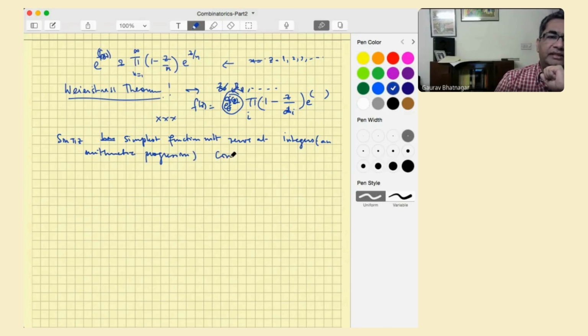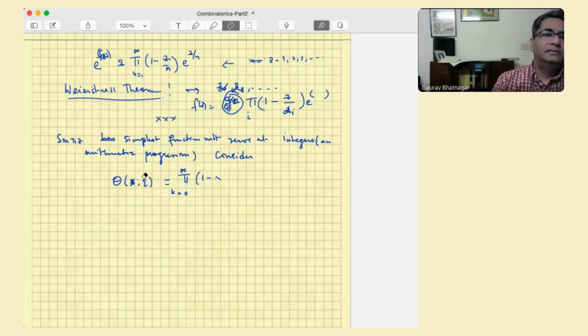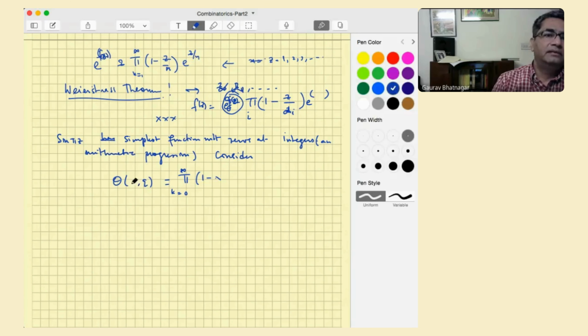So we consider the following function, tau z q, even though some people actually write p here. So 1 minus, well, why I put z, doesn't matter. Let's put z.